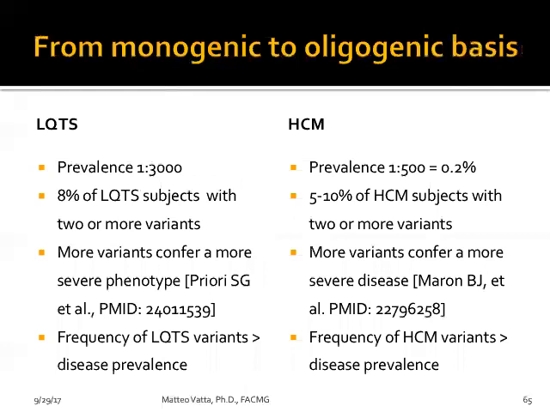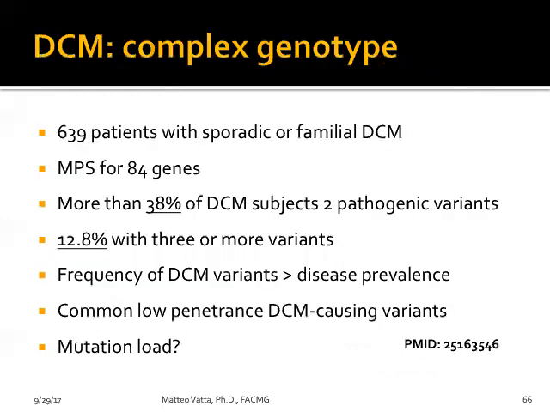But even in those so-called Mendelian disorders, monogenic Mendelian disorders, like long QT syndrome or hypertrophic cardiomyopathy, up to 8% of subjects were identified carrying more than one pathogenic variant. And in hypertrophic cardiomyopathy, up to 10%. Usually myosin binding protein C3 is a gene that often offers a second hit in those patients.